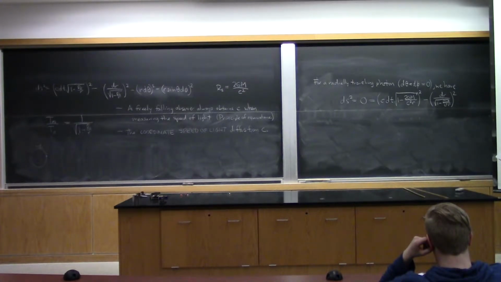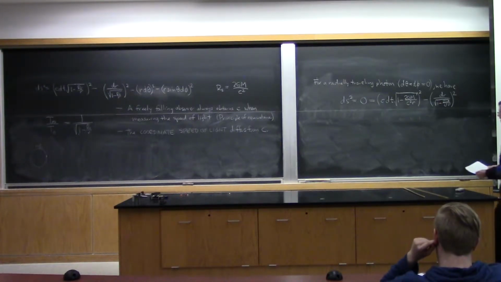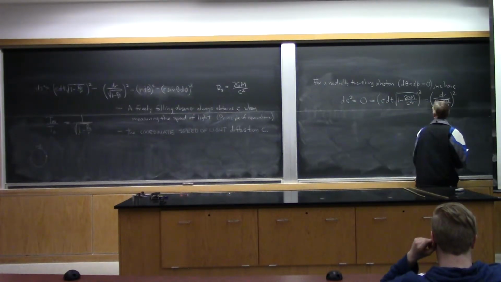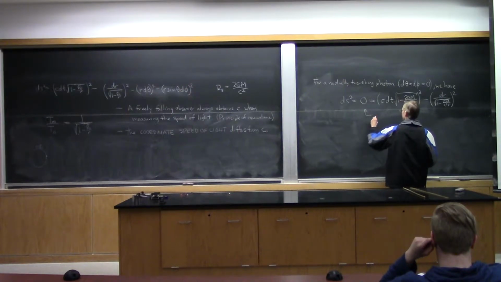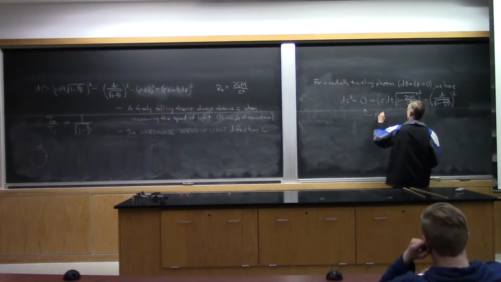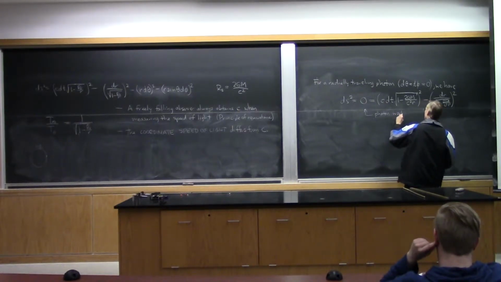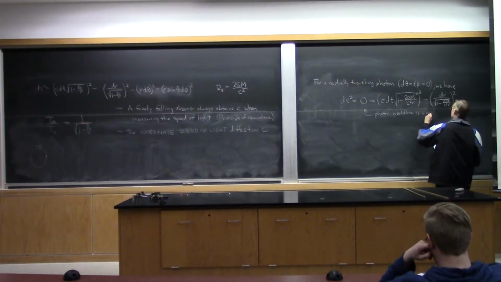That's the specification along the photon's null world line, and that tells you how dr and dt are related at different points along the photon's world line. If you know dr, you know dt for points along the world line of the photon and vice versa. It's zero there because the photon world line is a null geodesic.